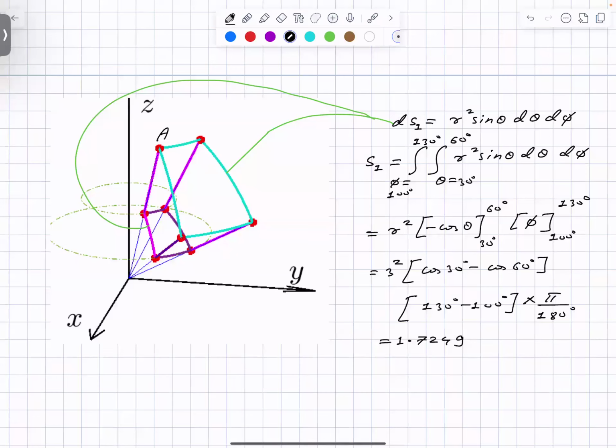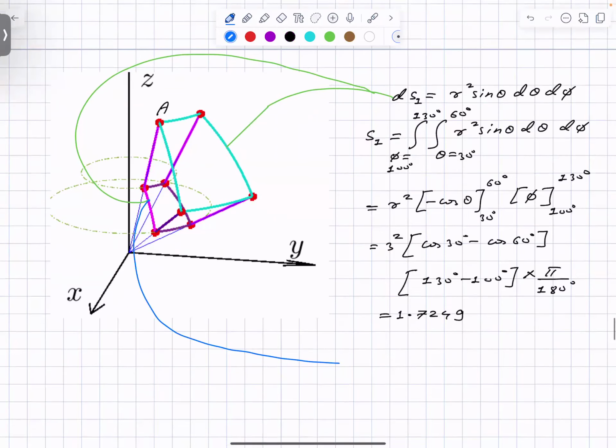Okay, that is S1. Now, the other surface that I mentioned is pretty similar. The only difference between the one we just did and this one would be this value, r squared. Instead of setting r equals 3, we would set r equals 2. So the only difference is we would have 2 squared instead of 3 squared.